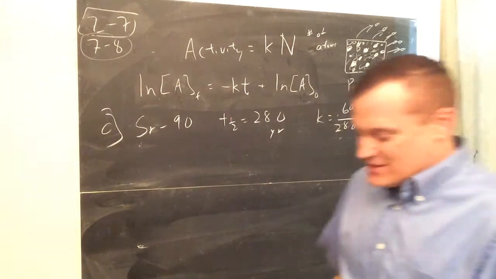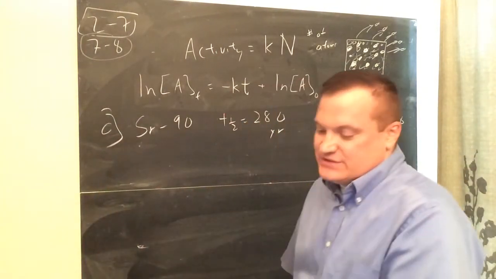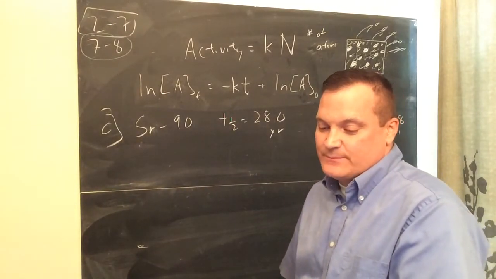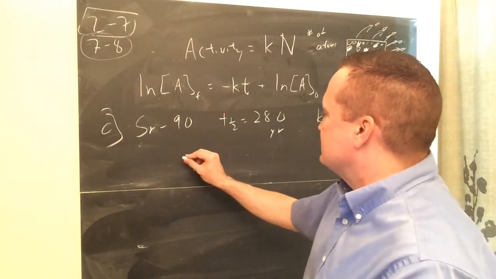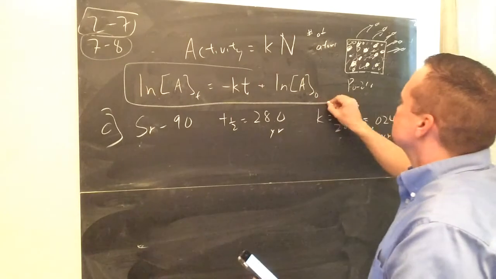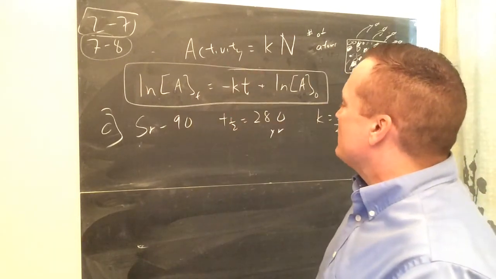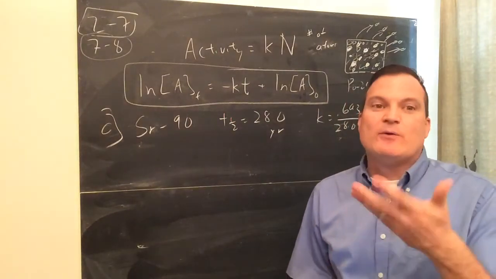So how long in years will it take for strontium-90 to decay to only 20.5% of its original amount? All right, look at this equation. We weren't given any amounts, and they could ask you this with molarity again.